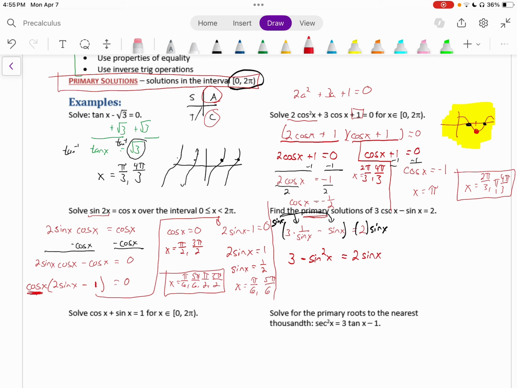We often like the squared term to be positive, so to get everything to one side, we're going to subtract 3 from both sides and add sine squared of x. So that's 0 here on the left. We're going to put this in descending order, so we have sine squared plus 2 sine of x minus 3. Now we can factor.